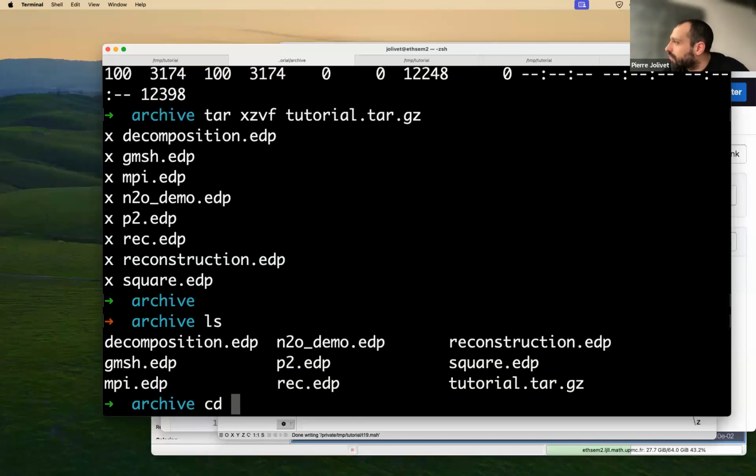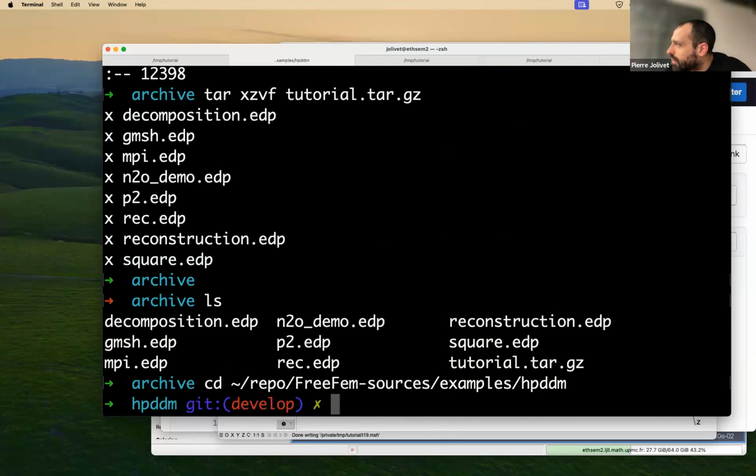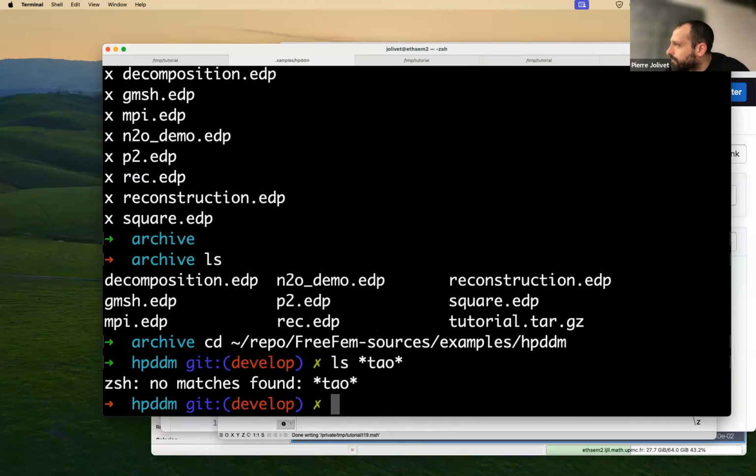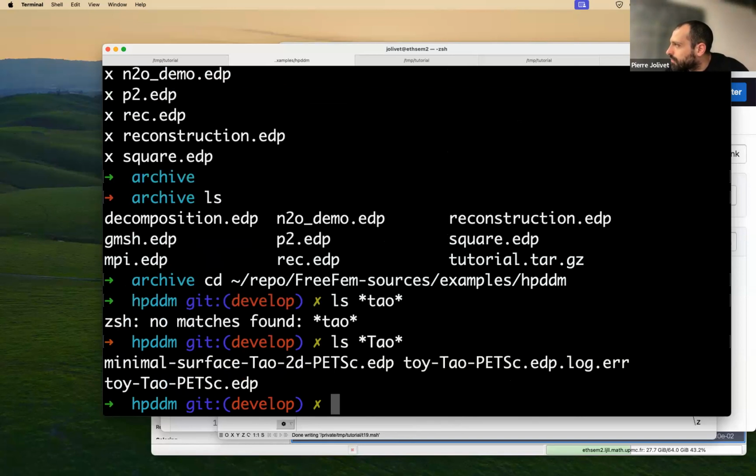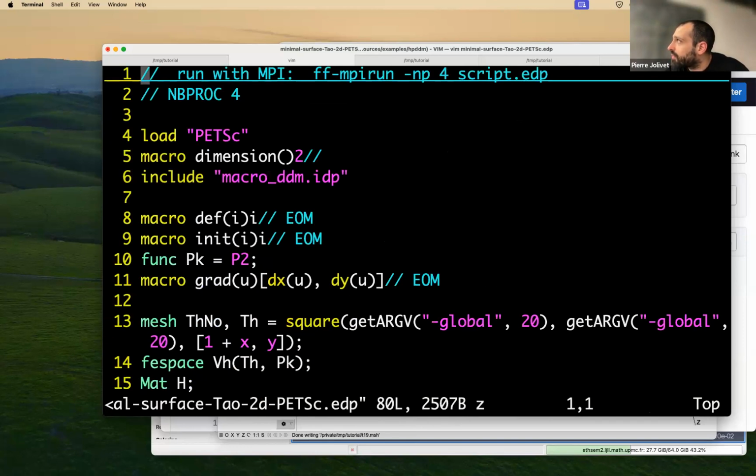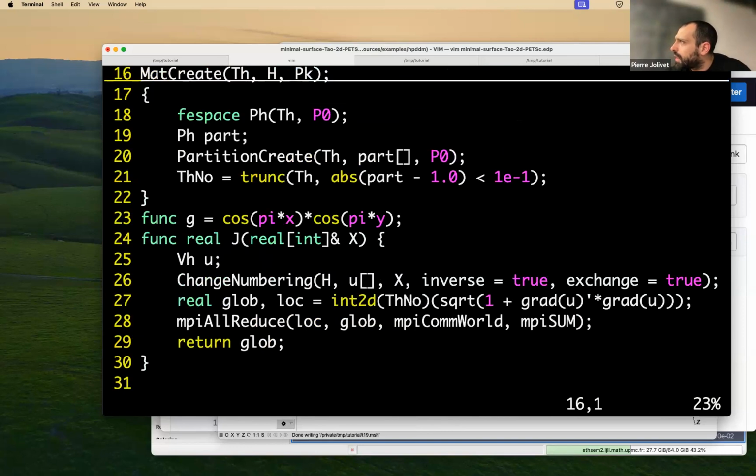Let's go to the repo example. If we go back and look, for example, at Tau minimal surface, you can see a couple of callback functions.